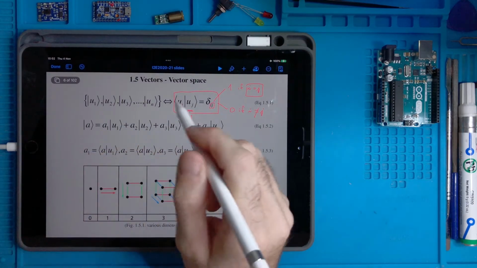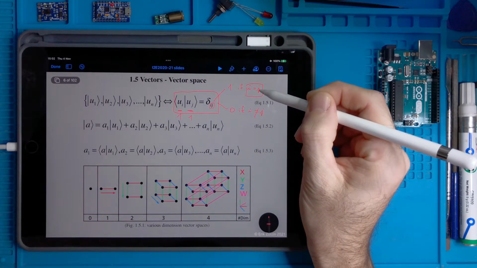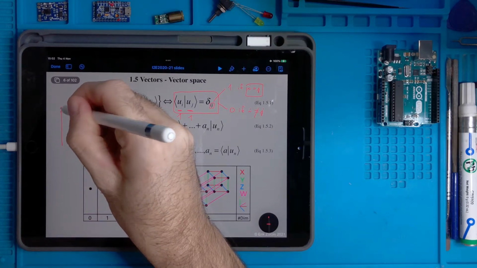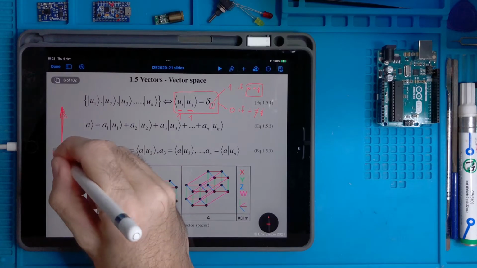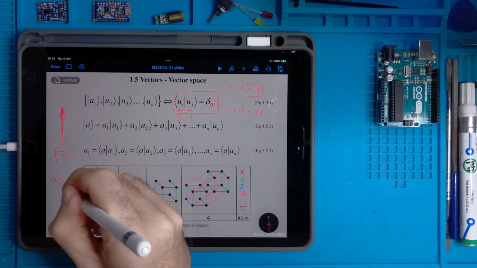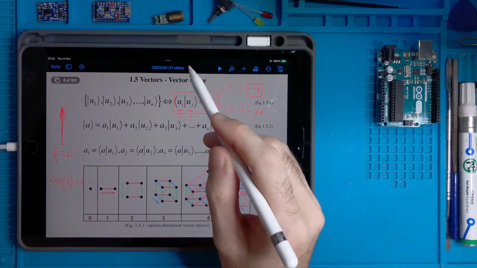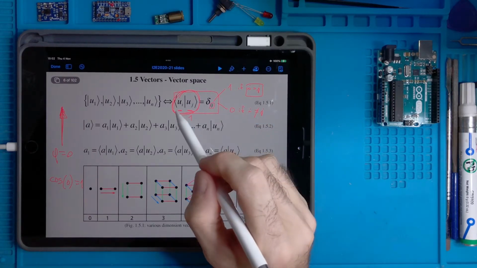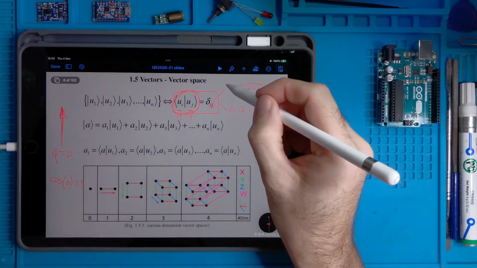But these two vectors are the same, so the angle of a vector with itself is 0, and therefore the cosine of 0 is 1. So this inner product in this case is 1 by 1 by 1, which makes 1.